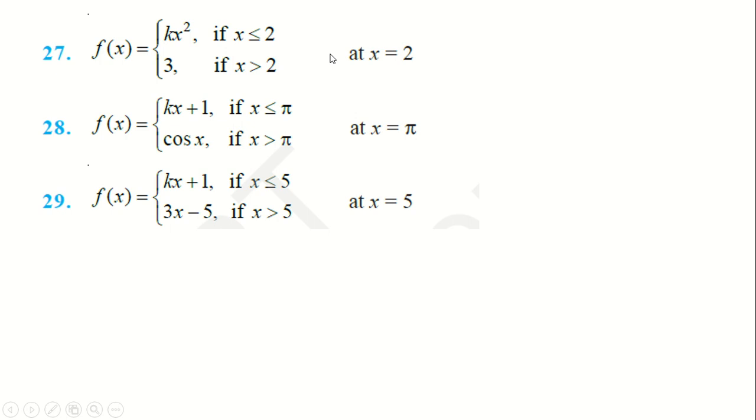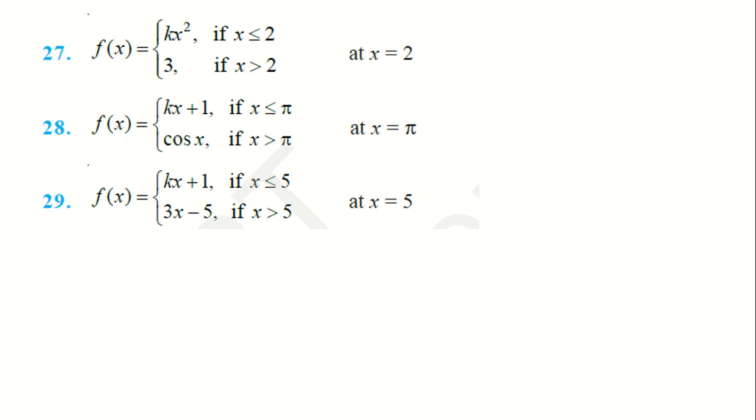Very simple question, isn't it? Similarly, for the 28th question, substitute pi in the left hand limit and the right hand limit. So what happens when you substitute pi here? k pi plus 1 is equal to cos pi. What is cos pi value? Minus 1. So k pi plus 1 is equal to minus 1. k pi is equal to minus 2. k is equal to minus 2 by pi.